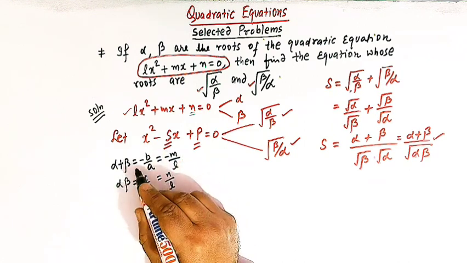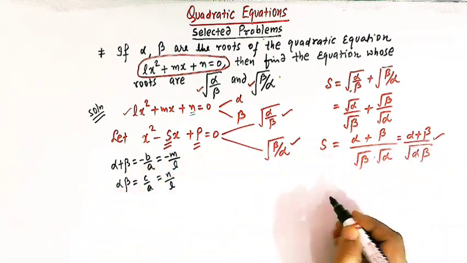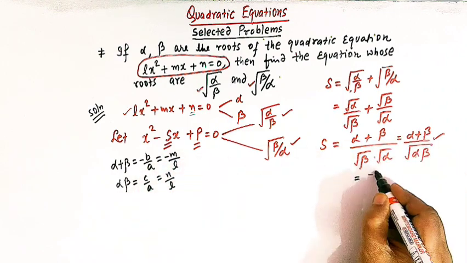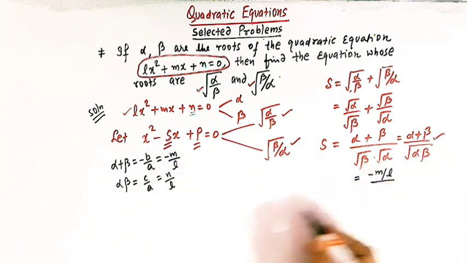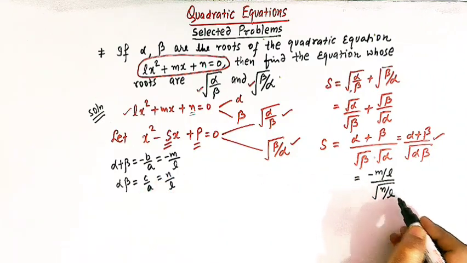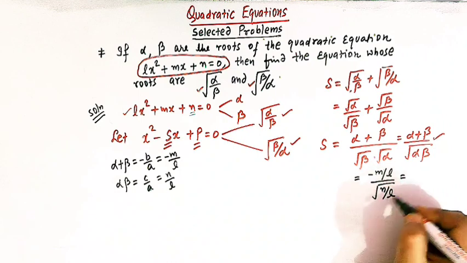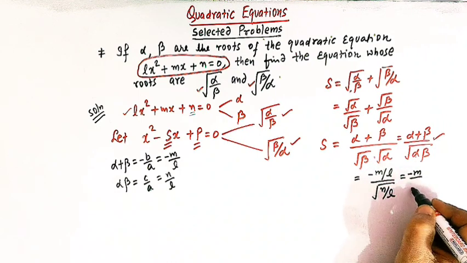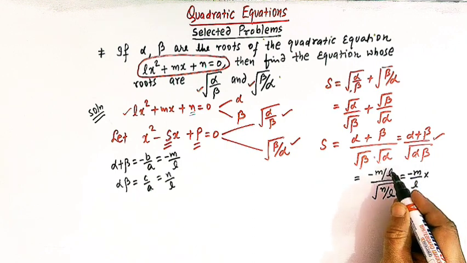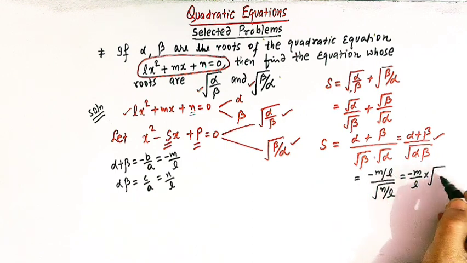So substituting these values over here, alpha plus beta is minus m over l, and here we have square root of n over l. So simplifying, we have minus m over l times, taking this l to the numerator, square root of l over n.